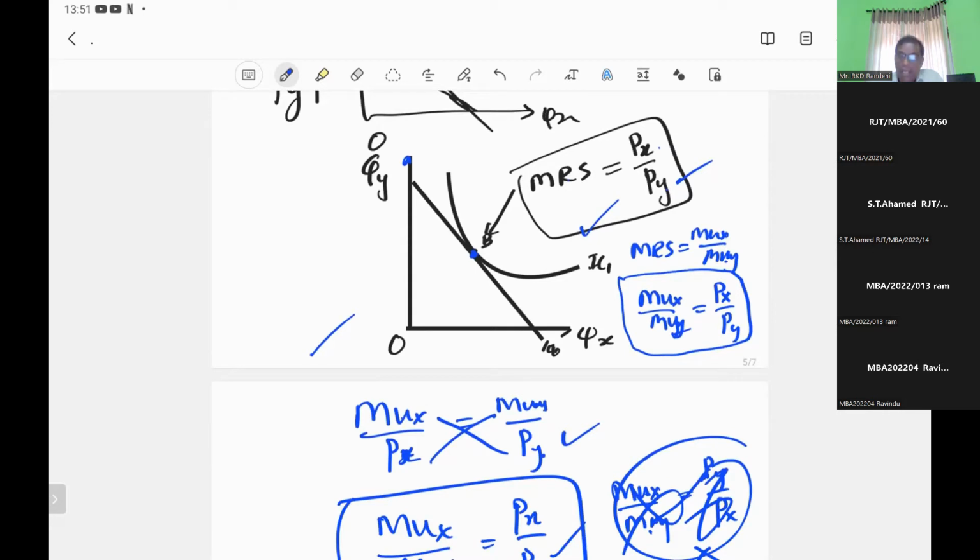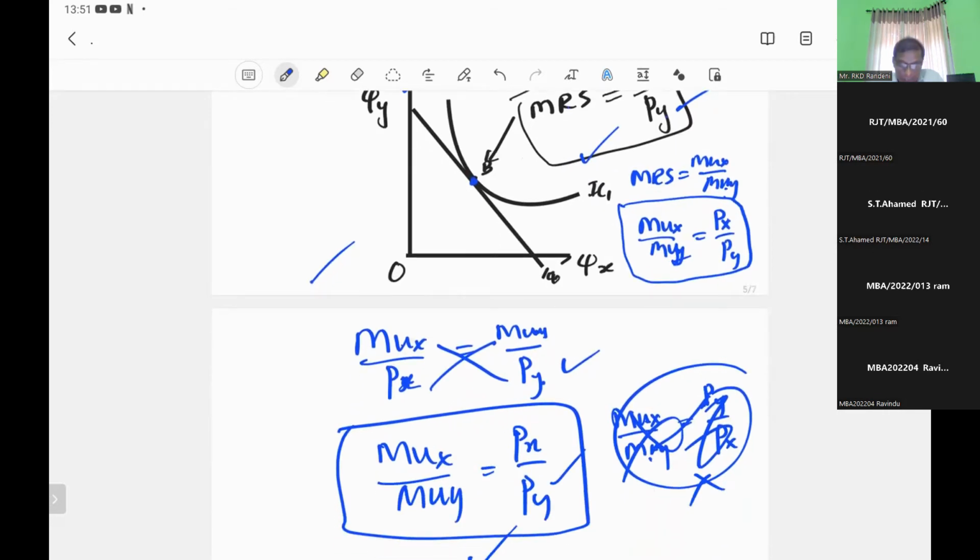Because always MUX is divided by its own price of X, and MUY is divided by its own price of Y. Remember that. You can't change so that PY is here and PX is down. No, that is wrong.